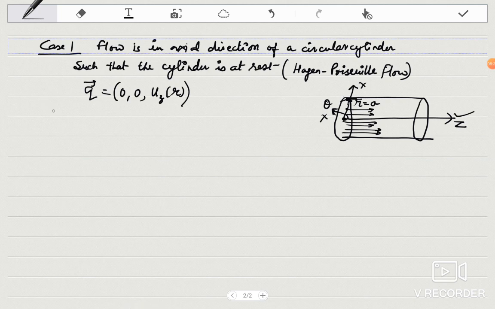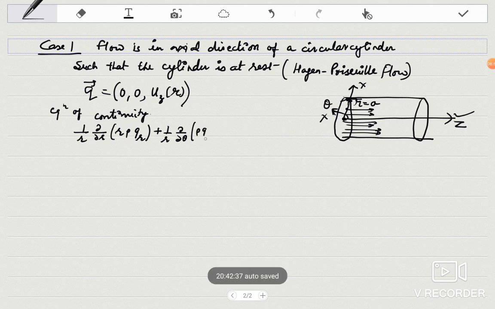So we now write the equation of continuity. It is 1 upon r partial derivative with respect to r of r rho qr, plus 1 upon r partial derivative with respect to theta of rho q theta, plus partial derivative with respect to z of rho qz, is 0. So I have to confirm whether the flow is possible or not.